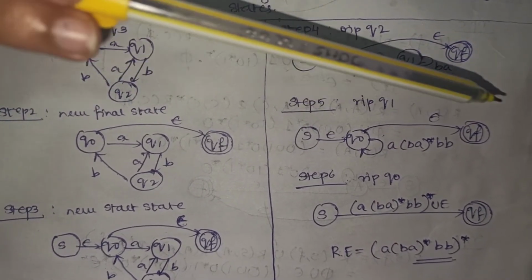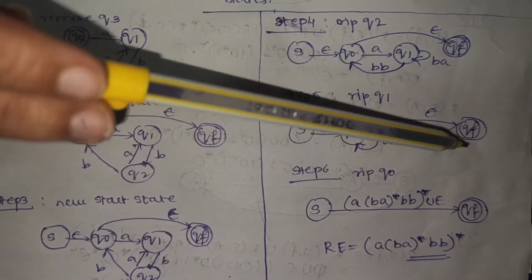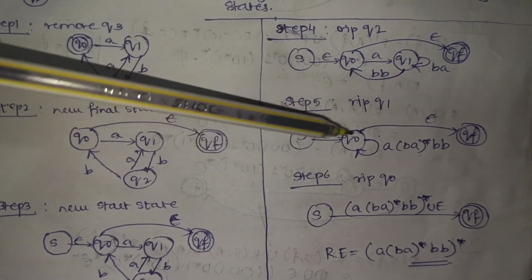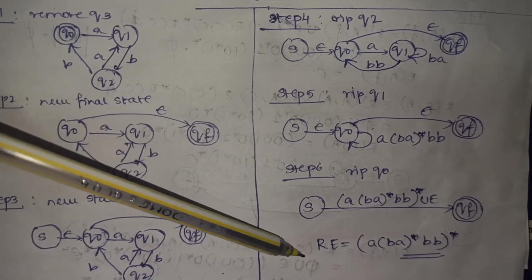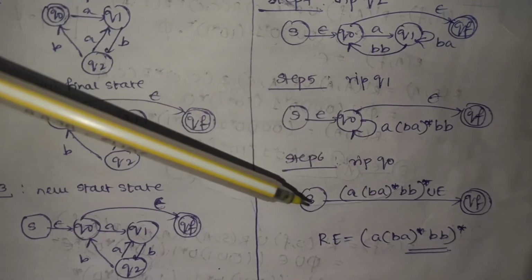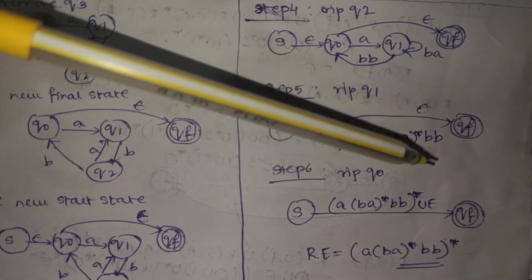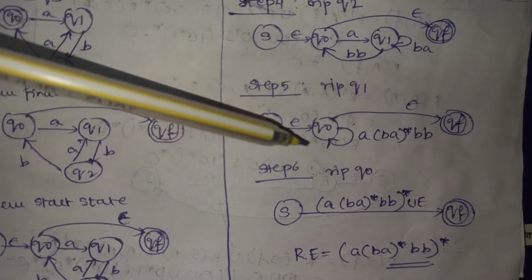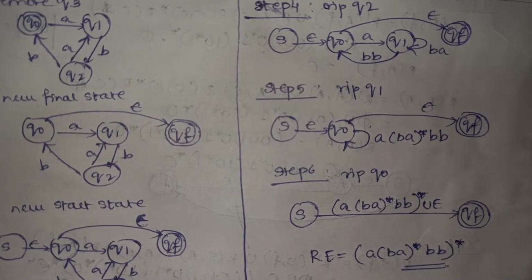Either you can go with epsilon to the final state, or you can go with A, BA star, BB to the final state. So once you rip Q0, the regular expression becomes epsilon or A, BA star, BB, and whole star. Why whole star? Because Q0 has a loop. That's why you write it as whole star.